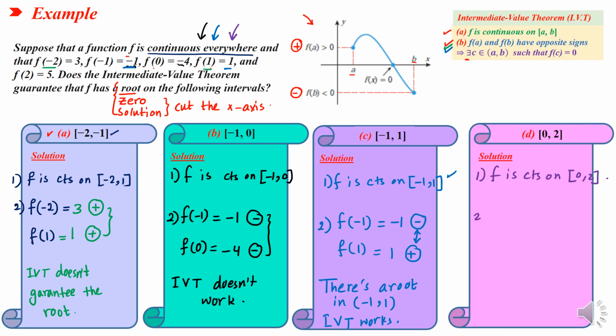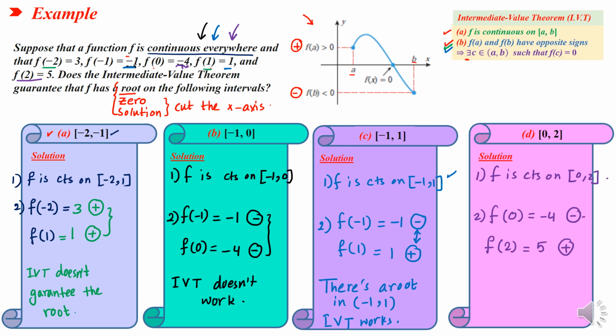And secondly, you have to check the sign of f of 0 and the sign of f of 2. Now f of 0 equals -5, which is a negative number, and f of 2 is given and equals 5, which is a positive number.